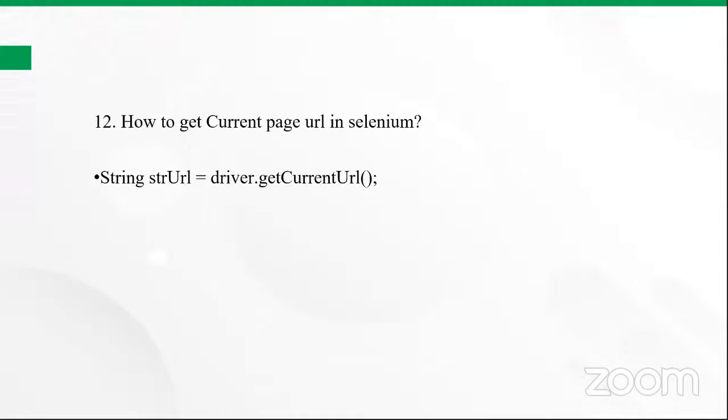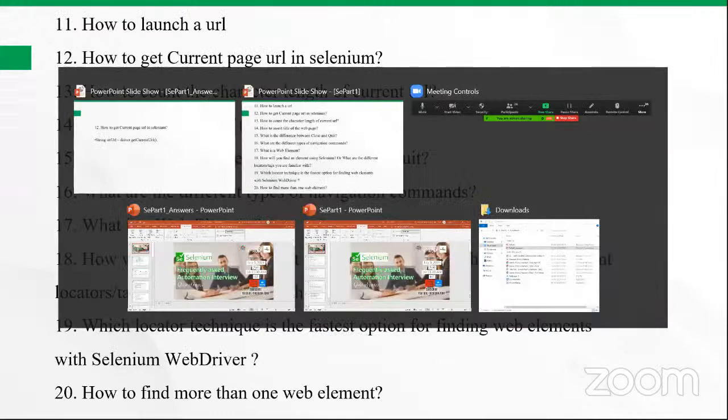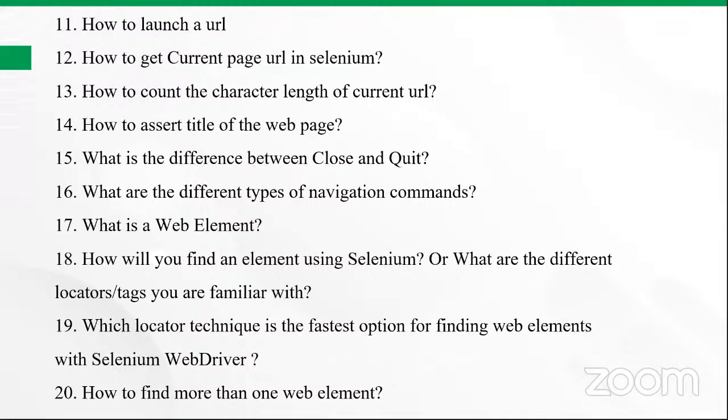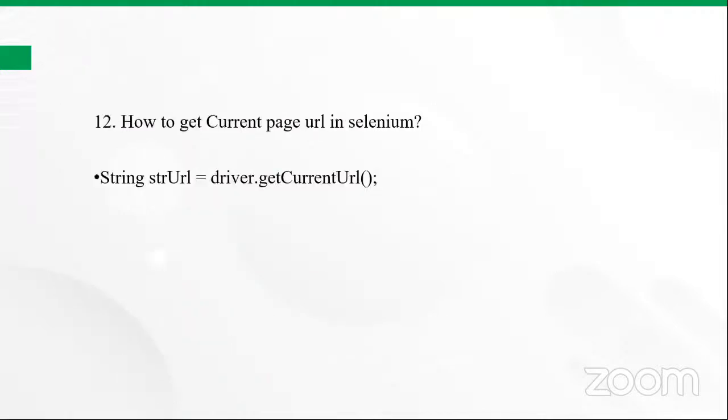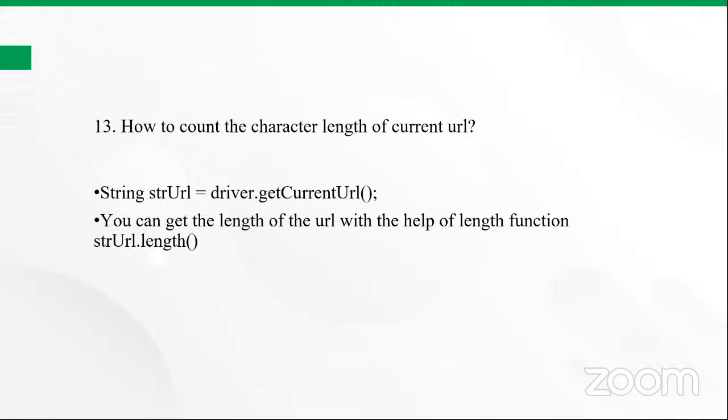Good. So how do you count the character length of the current URL? First, you need to obtain the current URL. How do you obtain it? In the last question, we discussed that we can get the current URL with the help of the command driver.getCurrentUrl.